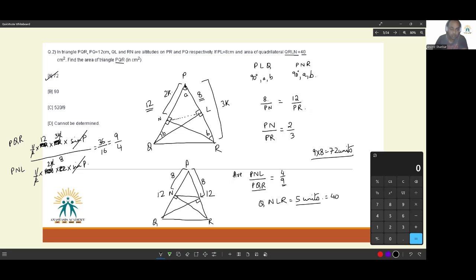Area of PQR to PNL is 9:4, which would give me QNLR has an area of 5 units. If 5 units is 40, then 9 units would be equal to 72. Even then you can reach the same result. If you take both these sides to be of identical length, then it would be even nicer. You wouldn't have to come up with an expression to prove anything of the sort.